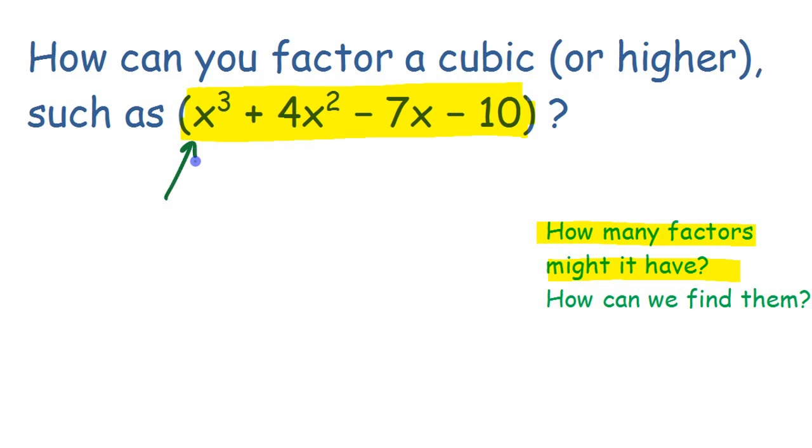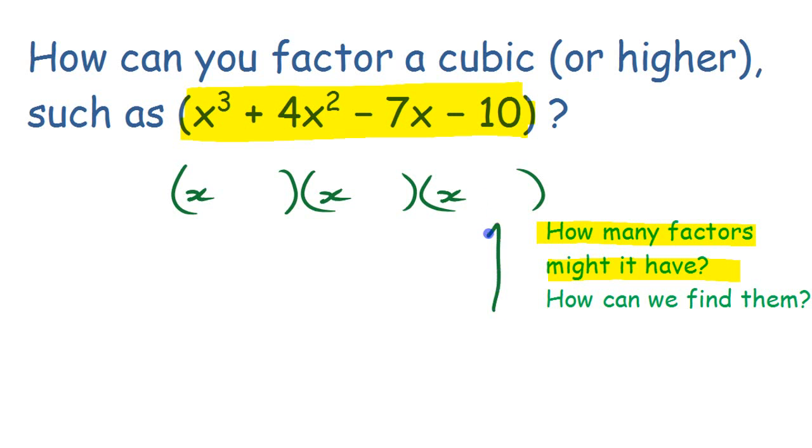Well, if the first term is x cubed, it's possible that it's going to have 3 factors, like that. And if the first term is x cubed, all 3 of those factors are going to start with x. But here's the hard part: what are those numbers? This is not so simple as before, where we can just look for a pattern. When you have 3 factors, think about how you would multiply those out.